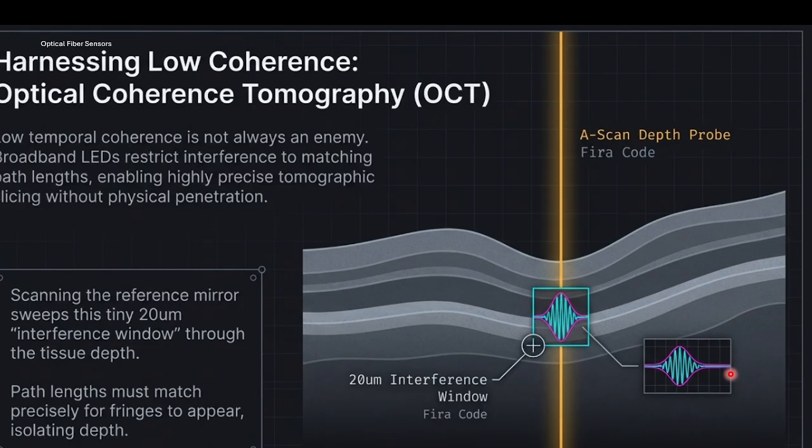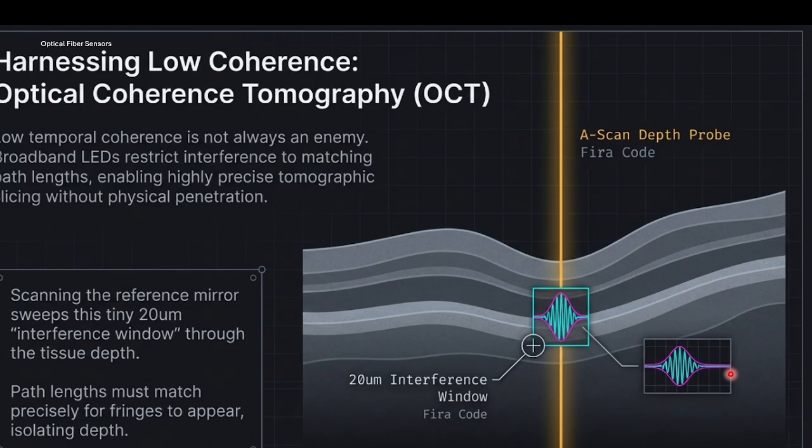Now the next thing is harnessing low coherence: optical coherence tomography. For that, low temporal coherence is not always an enemy. Broadband LEDs restrict interference to matching path lengths, enabling high precision tomography, slicing without physical penetration.